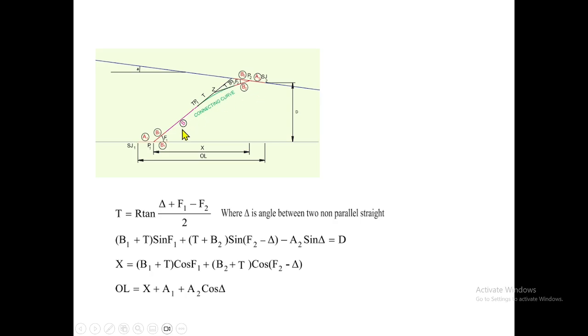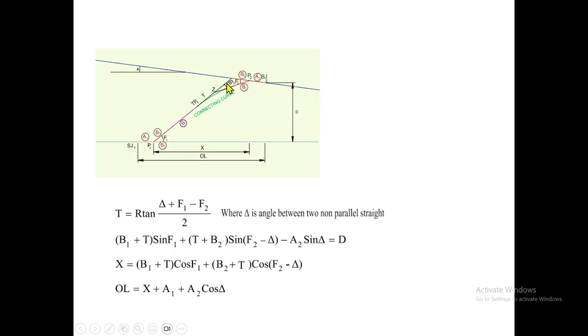Since it is not parallel, the deflection angle, when you take this triangle and we know the exterior angle, is this angle minus this angle, already we discussed. That means the exterior angle equals the sum of the opposite interior angles. So this angle minus this angle will be your deflection angle.